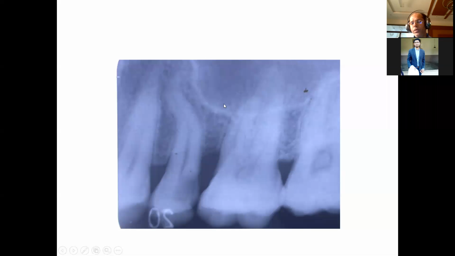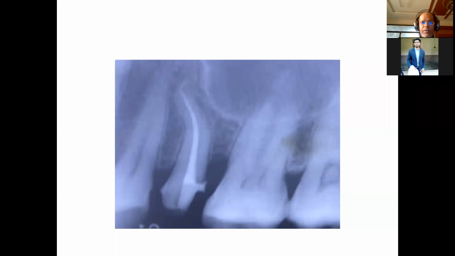Nowadays we have rotary NiTi files that can negotiate these curved canals, but with stainless steel files it is difficult to get canal negotiation and cleaning, because the purpose is to clean the whole canal from coronal to apex. That is sometimes made difficult by these anatomical problems, but it could be negotiable.